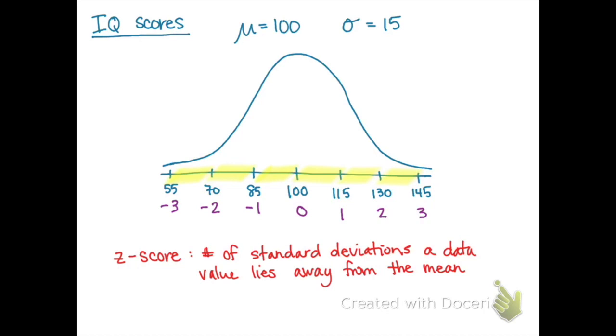I have only labeled z-scores, which are integers in this case, but z-scores can be any real number. For example, there is a value between 130 and 145 that has a z-score of 2.71.